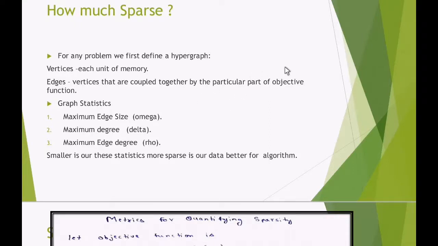so that they are used in updating a particular part of this whole objective function. You understand? Like, in objective functions, there are some parts which depend on particular data. When we couple these data, we get edges for our hypergraph.